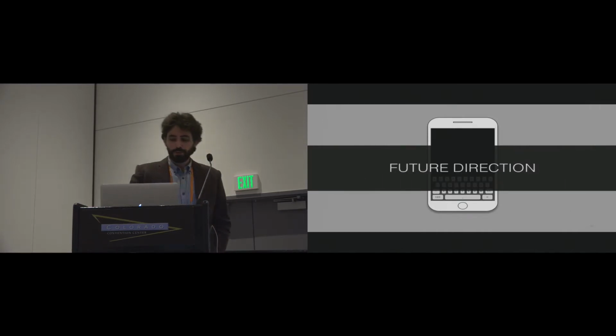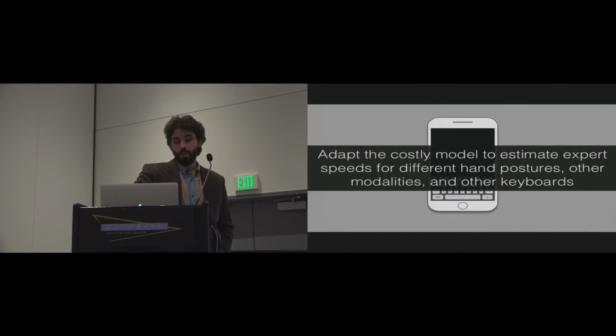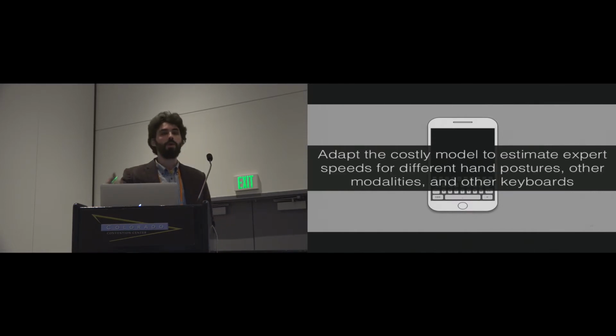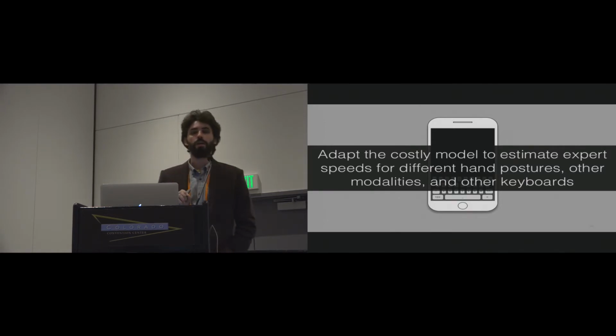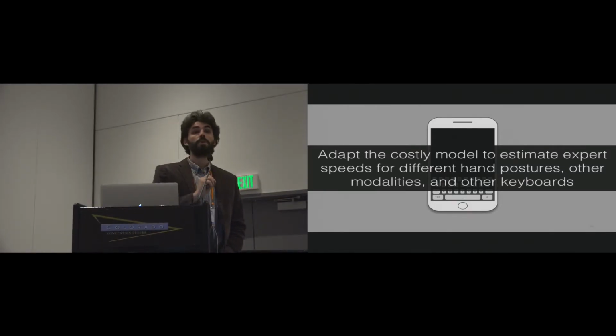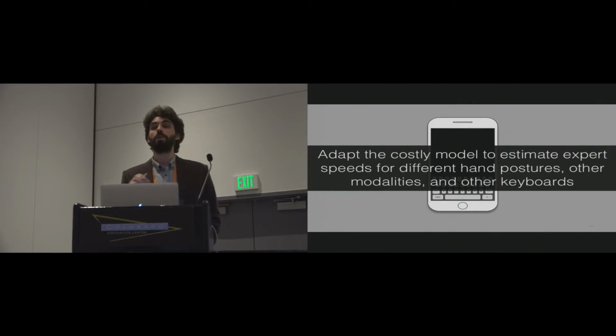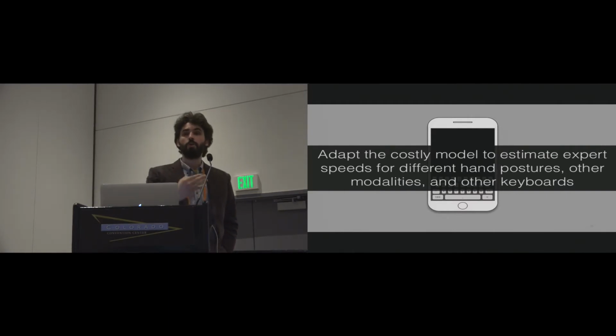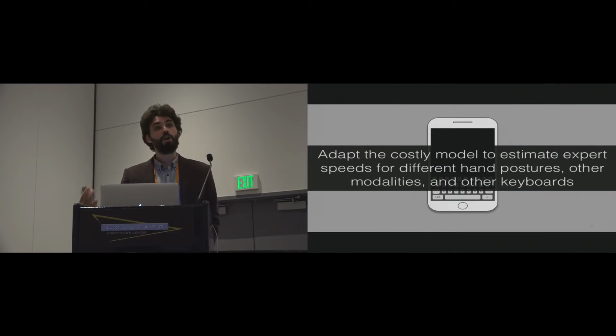So for the future direction, there are a lot of different implications. One of the things is that we are still looking only at the thumb text entry here, and we're looking at the Android Mini QWERTY keyboards. And we did that on purpose, because we wanted to make sure that we eliminate a lot of variance and hold a lot of these other factors constant.